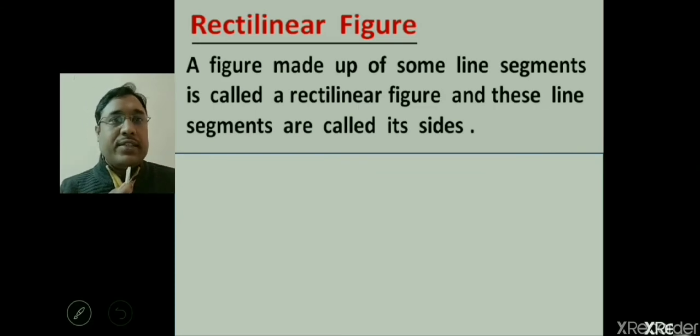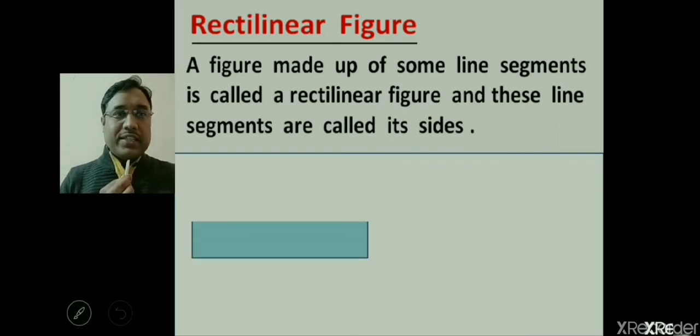First of all we have to understand what rectilinear figures are. We can define it this way: a figure made up of some line segments is called a rectilinear figure, and these line segments are also called its sides. That means they are made up of straight line segments.